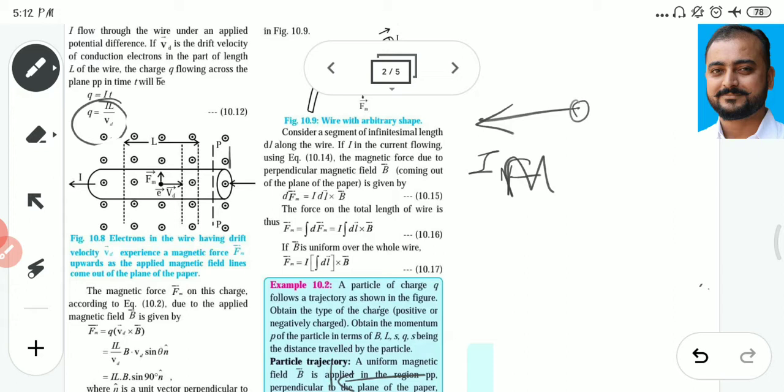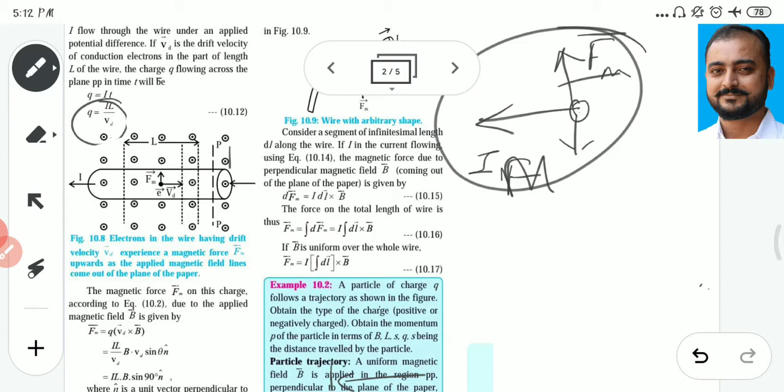It is in the upward direction, that is coming out of this paper, perpendicular. Then what is the direction of force? The force due to the magnetic field is this one, in the upward direction. So in this manner, this indicates the direction of force.